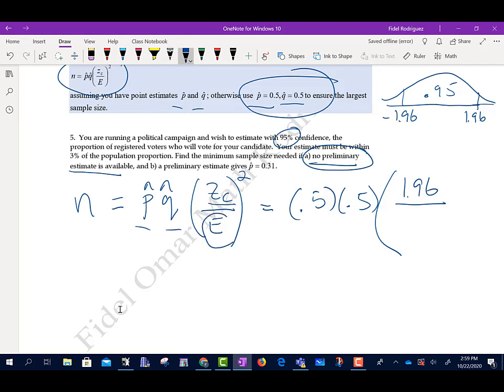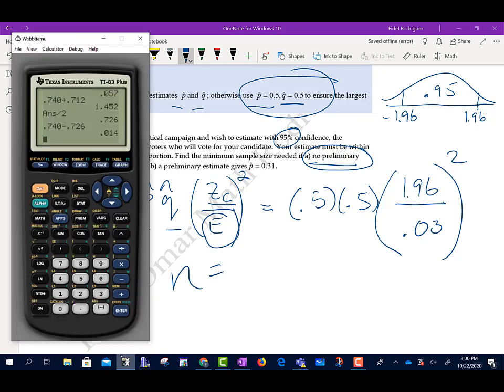Okay, my error. Look what it tells me about the error. The estimate must be within 3%. That's my error. My error is 3%, and as a decimal, it's 0.03. And we're going to square this. So now we're going to find our value of n. Let me take my calculator.